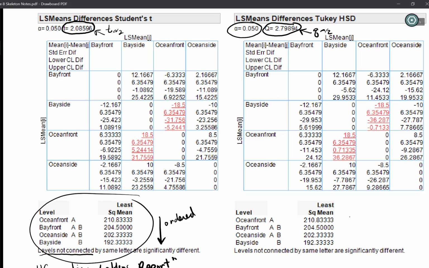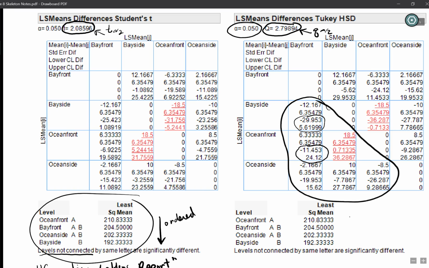If you want to focus on this bottom triangle here, the information in there would give us 6 confidence intervals, and the confidence statement would be for all 6 intervals. So we would say we're 95% confident that the difference in the bayside and bayfront mean is between these 2 values, and the difference in the oceanfront and bayfront mean is between these two values, and the difference in the oceanside and bayfront mean is between those two, and so forth.